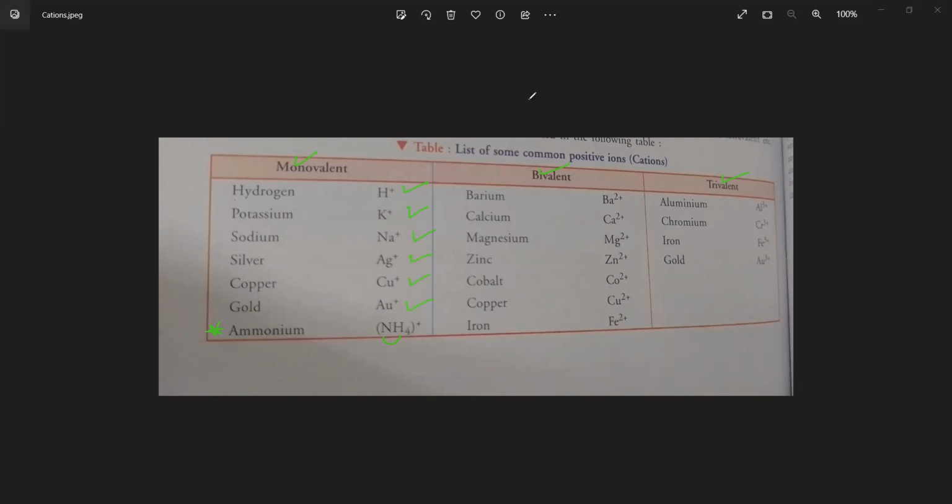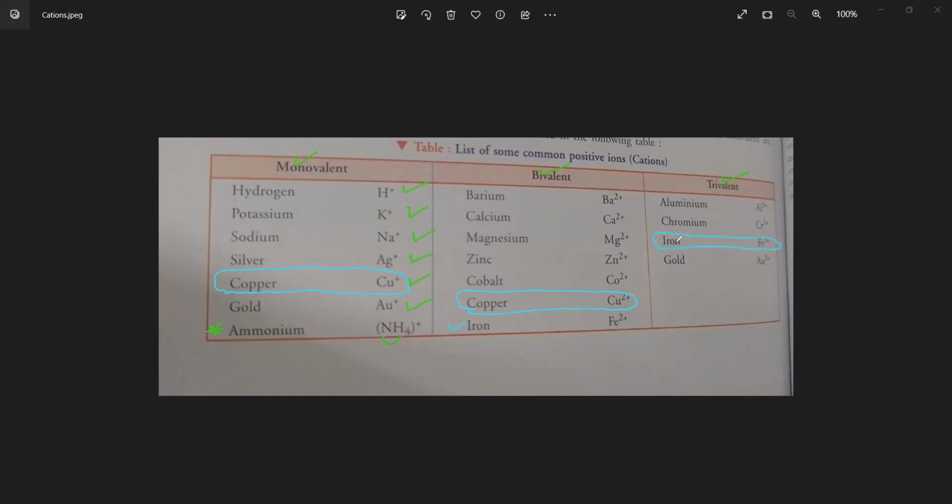You can see that a few cations have more than one charge. Here we have copper +1 and copper +2. This depends on which anion they are going to combine with. Here we have iron +2 and here iron +3.